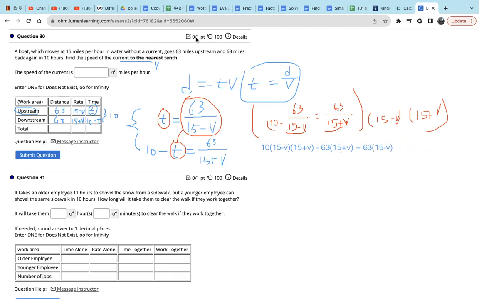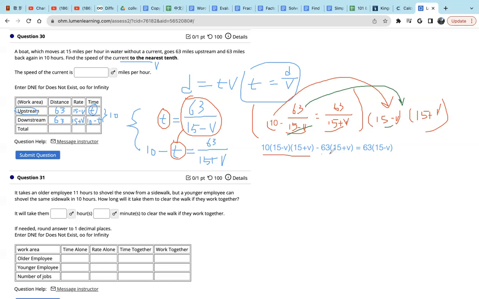Right? Because when I multiply 10 with these two, I just get 10 times these two. When I multiply this term with these two, the 15 minus V gets cancelled.